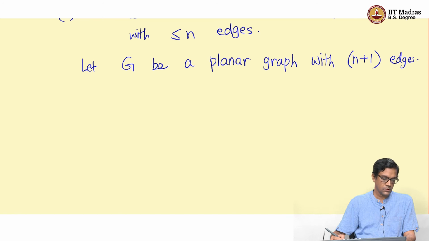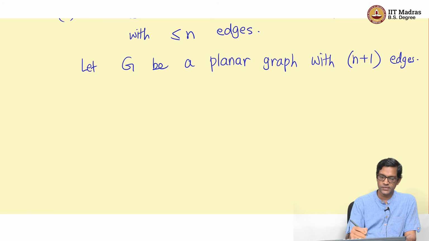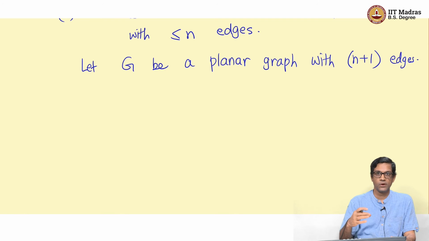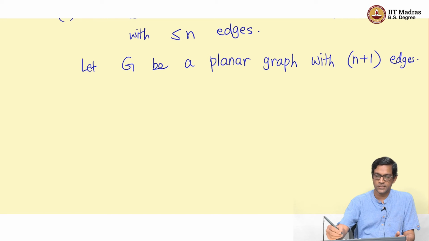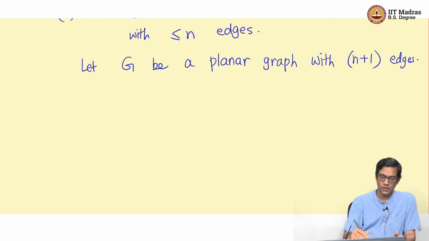Okay, so how should we do this? The idea is, how do you go from this given graph with n plus 1 edges to a graph with just n edges? Well, you try and remove an edge, right? So that is the idea. So let's look at two cases. What is the case we really care about?